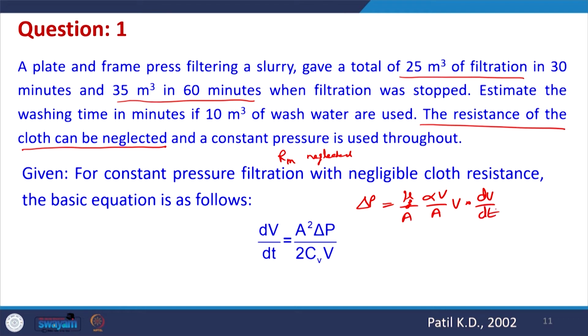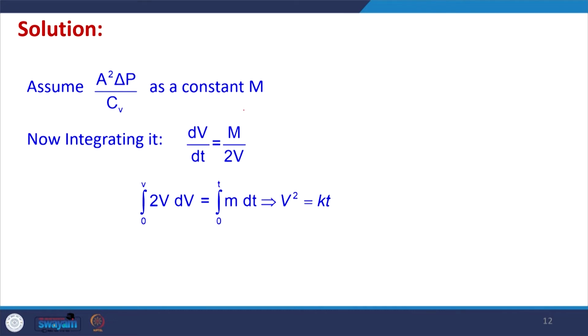Now, we can modify this equation. So, dV by dt is equal to this, with all the terms modified a little bit, A squared is there, and all have been clubbed together into one. So, we can get this equation. Now, dV by dt is equal to M by 2V, where M is a capital M, and if we integrate, V squared is equal to k t.